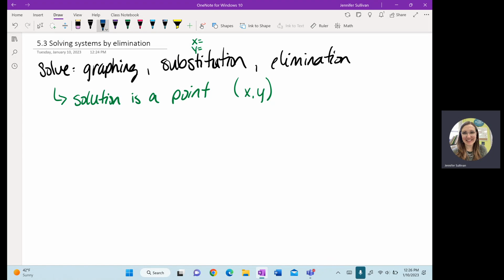Elimination tends to be our favorite, usually because we can do it in almost every situation. We don't have to have our original problem to look like a certain form in order to do elimination. Let me show you what I mean.